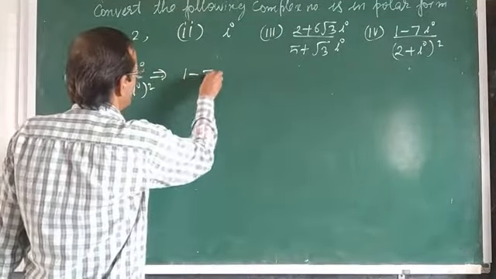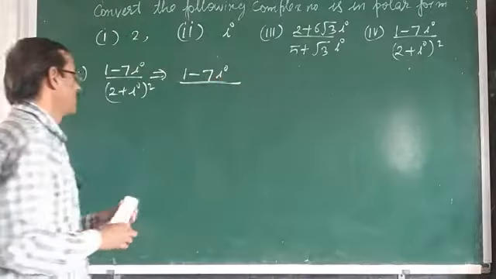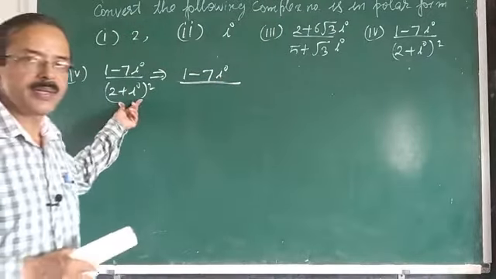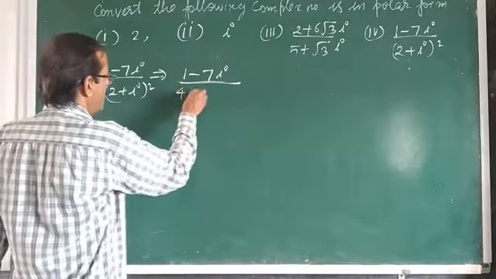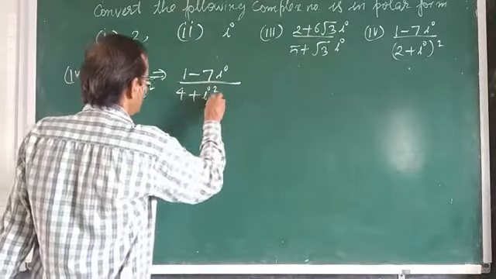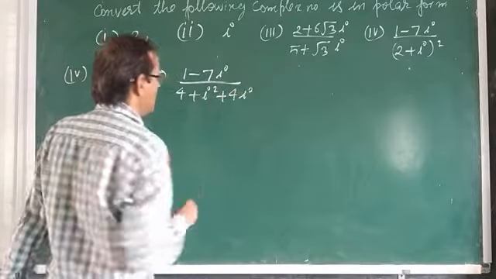1 minus 7 iota upon, we have to apply here the identity (a plus b) whole square, that is 4 plus iota square plus 4 iota.